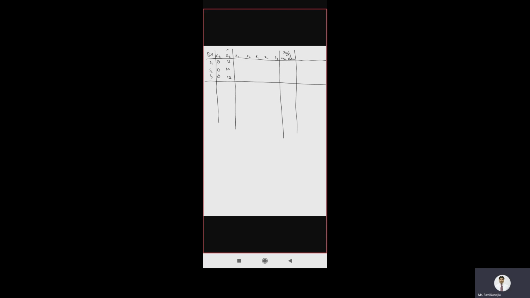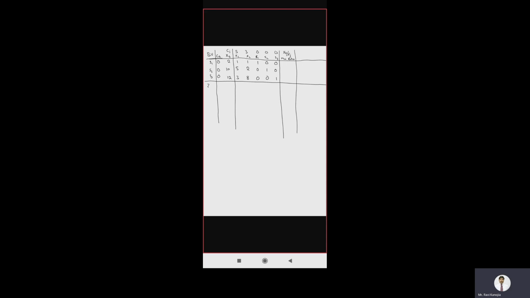Then we have coefficient Cj, which are 5, 3, 0, 0, 0. And we have the table 1, 5, 3, 1, 2, 8, 1, 0, 0, 0, 1, 0. So that is the table.